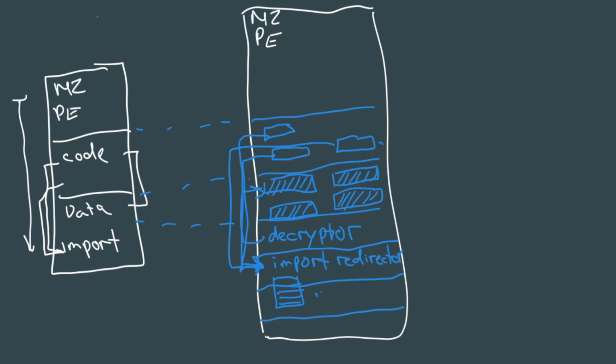So it would translate and redirect those calls through its own table to call the proper import. So when you open it in a disassembler, instead of seeing clear APIs which the application is using, you would see just a call to the same location, which might be very obfuscated and very unclear.